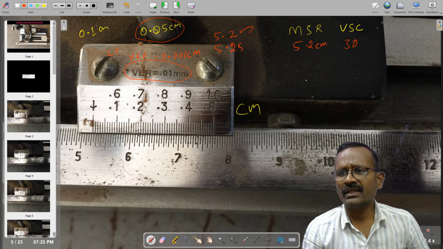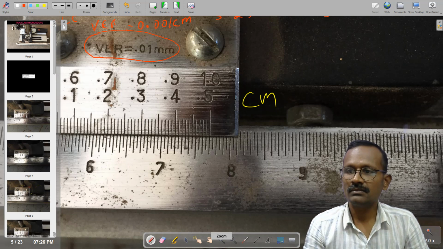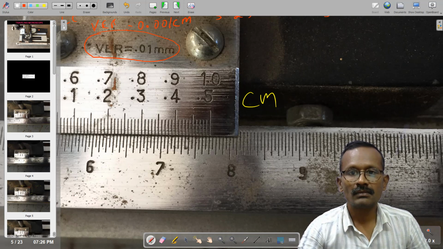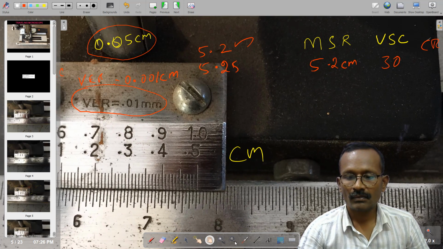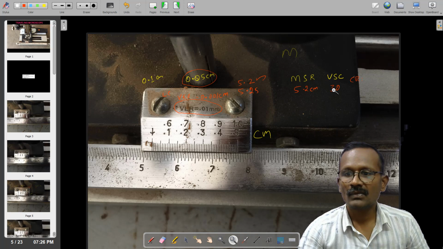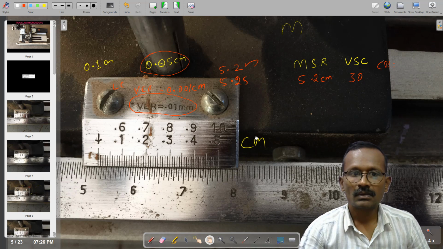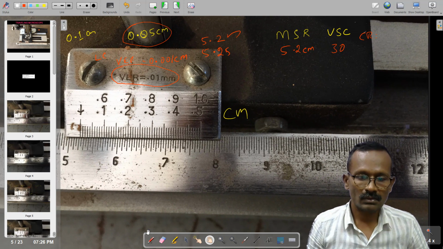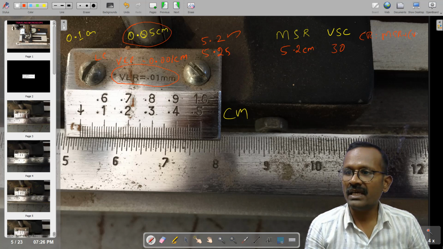Okay, how to take the correct reading? Correct reading is equal to main scale reading plus vernier scale coincidence into least count.